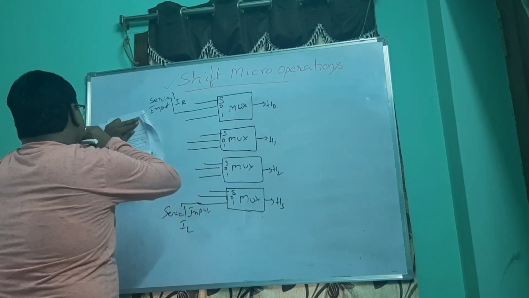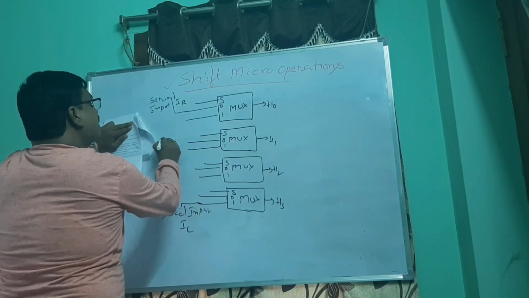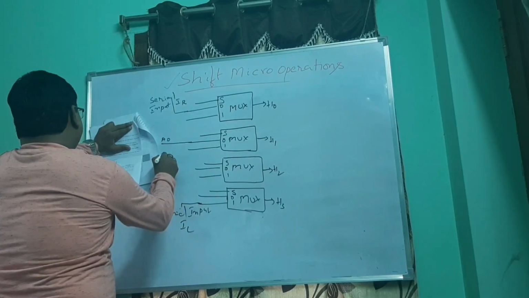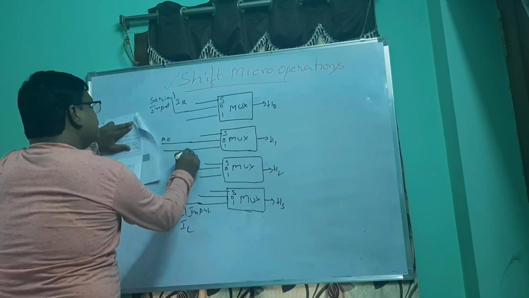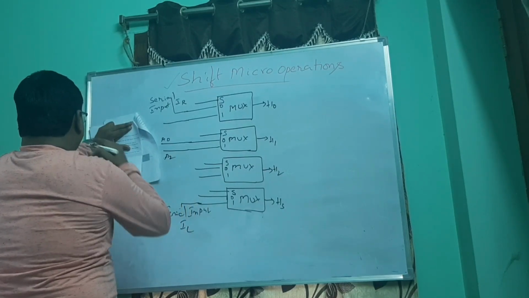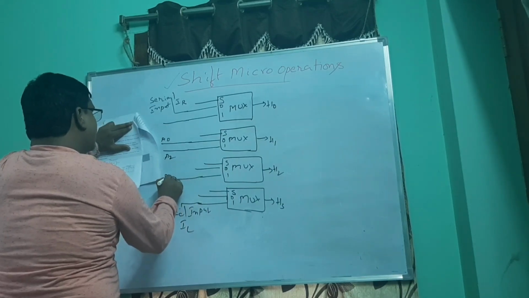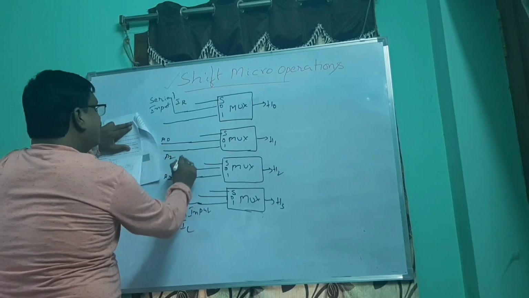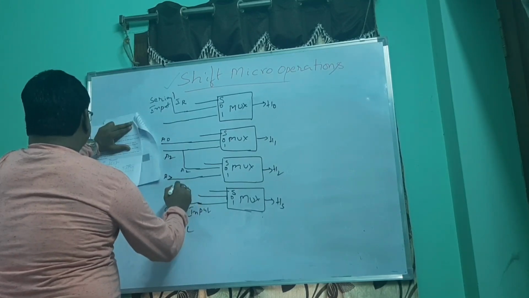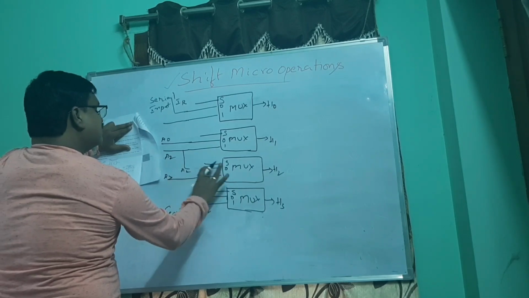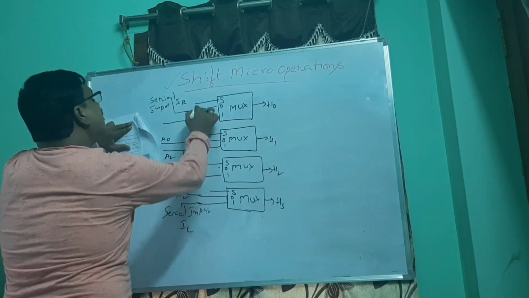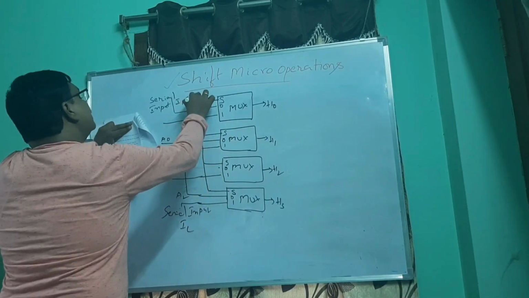So here this is A0, and this is A2, A3, and here we give this to A2. So there is a single select line.